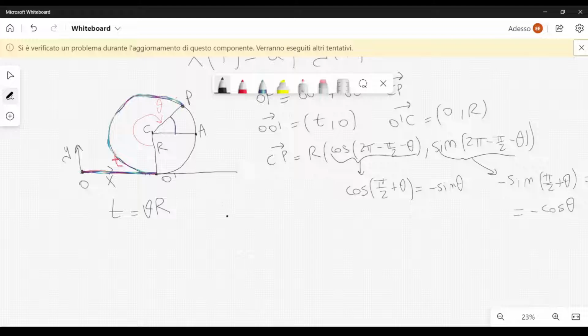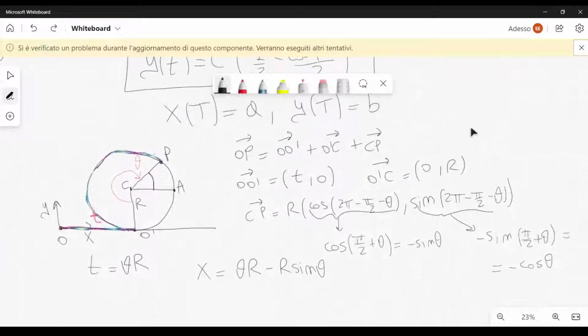And therefore the x-coordinate of OP, which we call x, is given by theta r minus r sine theta, from the equations that we have above, from the vectors. So if you project this on the x-axis, this is what you get. And similarly, y is equal to r minus r cosine theta.